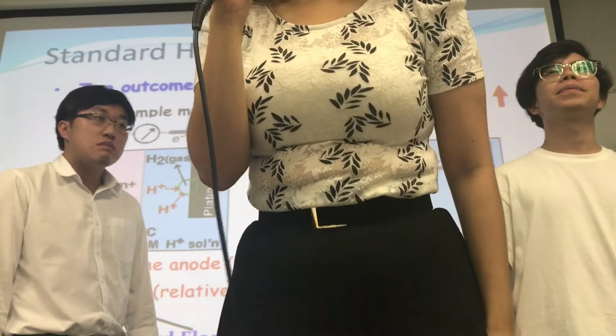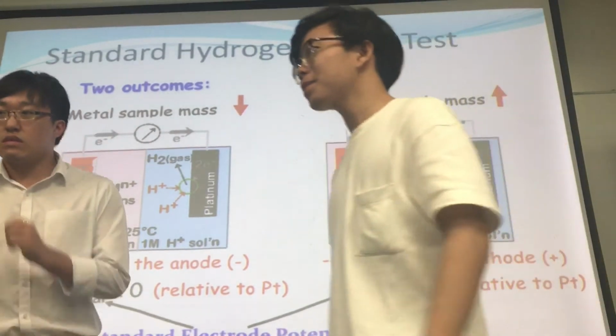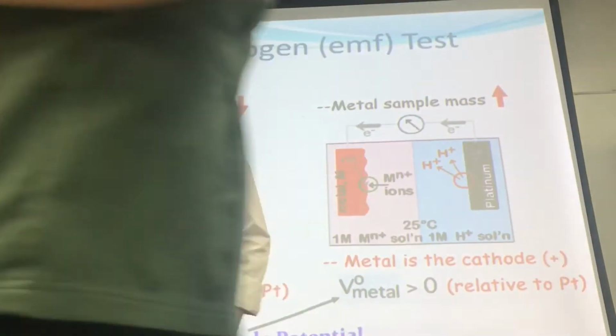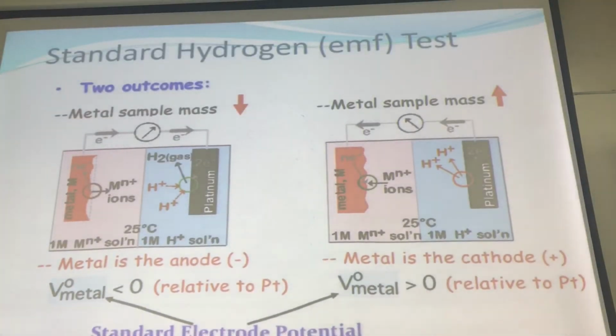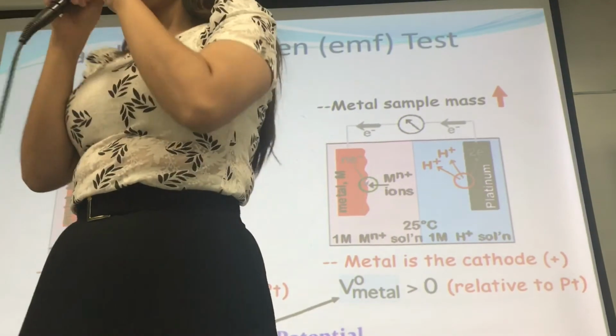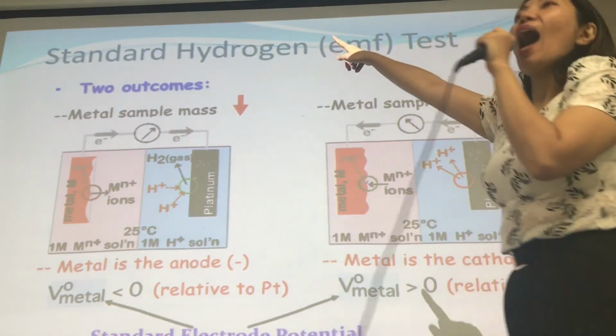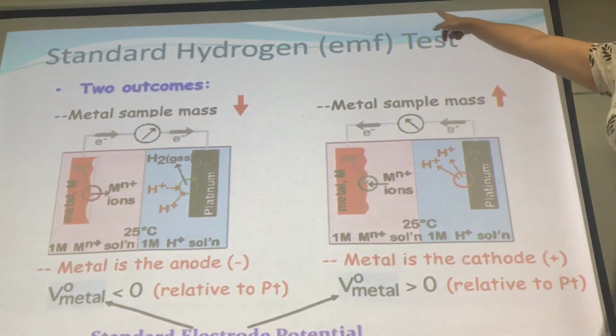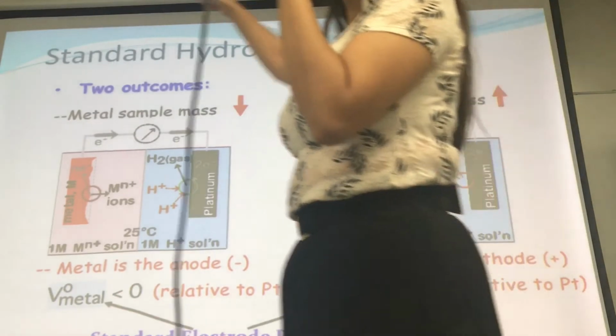You see that? Alright, thank you so much. And there is a certain way to test which one likes to give, which one likes to get electron. We have the standard test and we call it the EMF test, right?